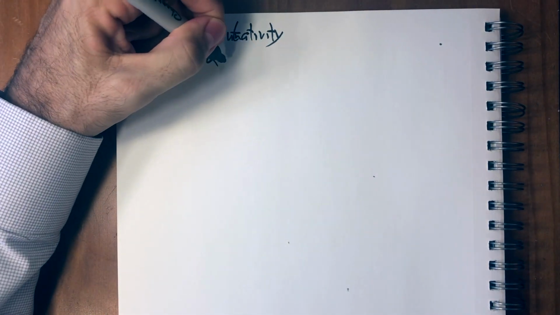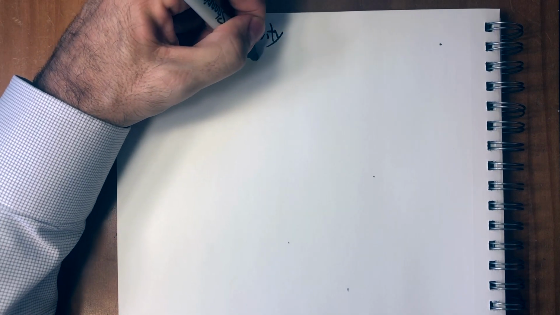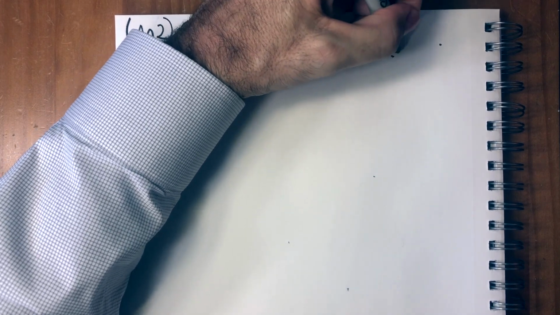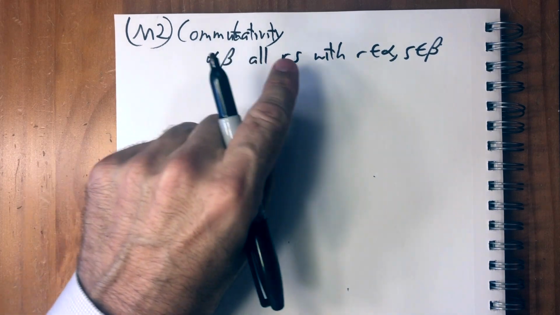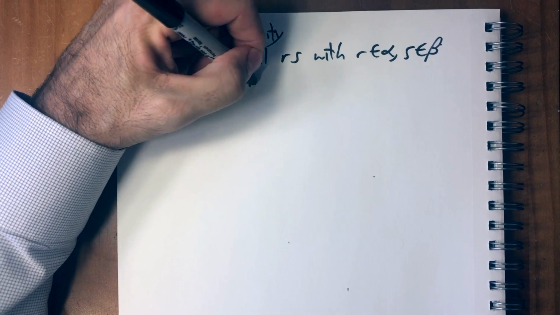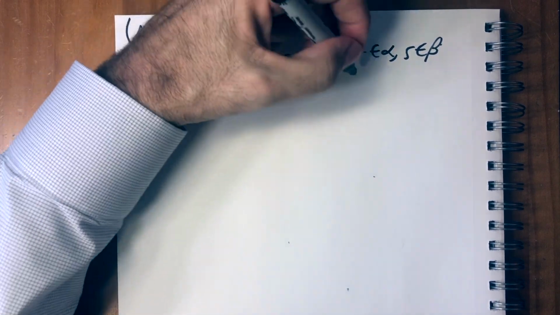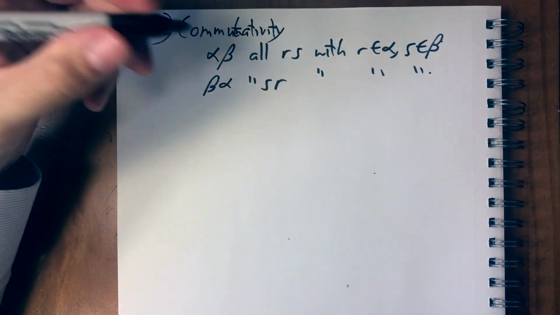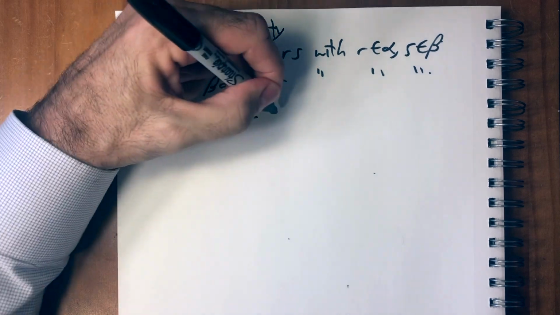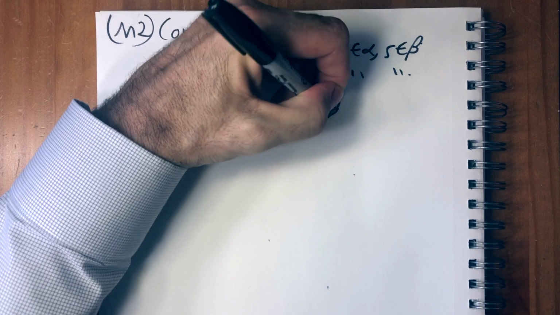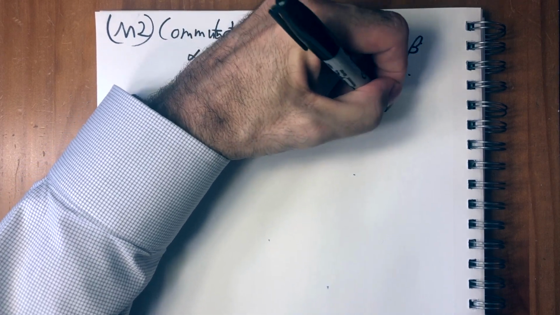So if alpha beta is the set of all RS with R an element of alpha, S an element of beta, then by the same definition, beta alpha is all SR. And we know from the axioms of multiplication that RS equals SR. So alpha beta equals beta alpha.